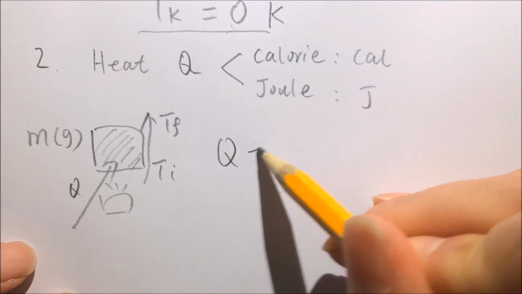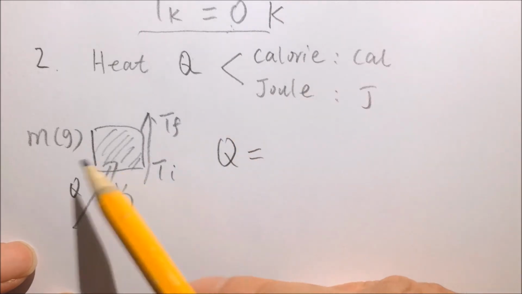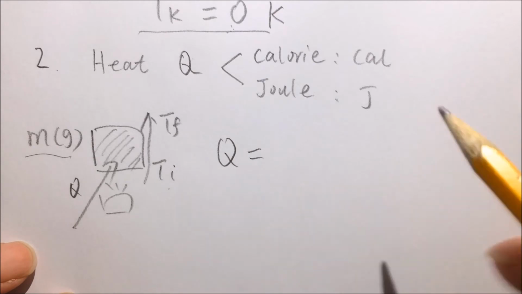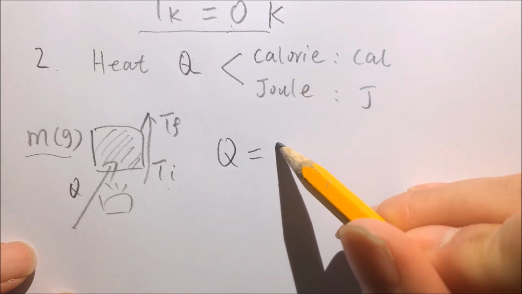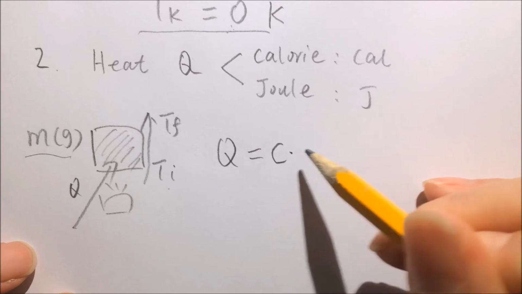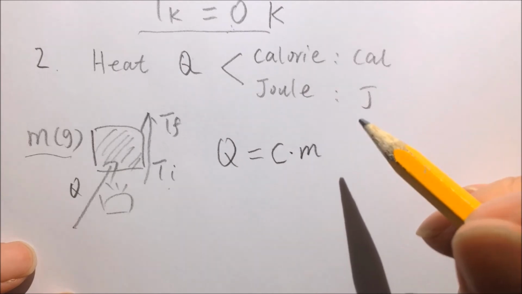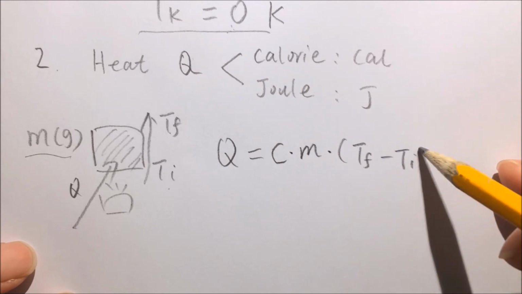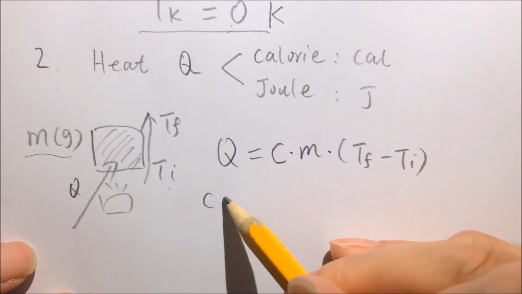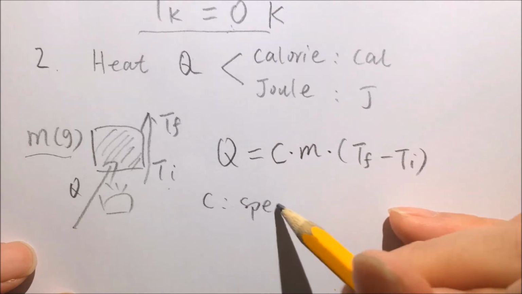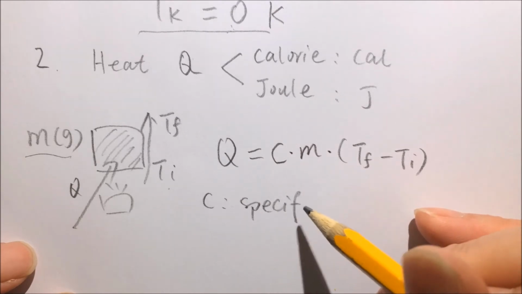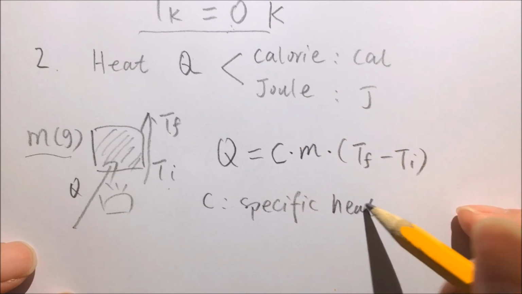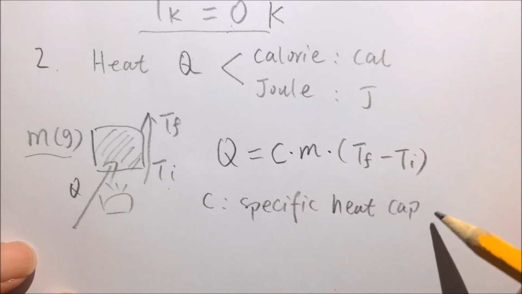The heat required to warm up that much of a substance from temperature Ti to TF is equal to a constant C times the mass of the substance and times the temperature change of the substance. The C number is called specific heat capacity.